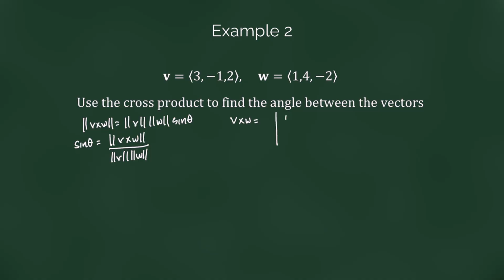We know that that is going to come from the determinant of this matrix. We'll write v in the first row and w in the second row. So now we get the determinant of the matrix 1, negative 1, 4, 2, negative 2 times i, minus the determinant of 3, 1, 2, negative 2 times j, plus the determinant of 3, 1, negative 1, 4 times k.